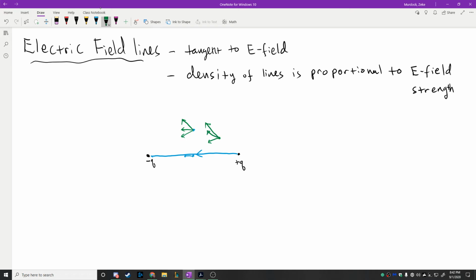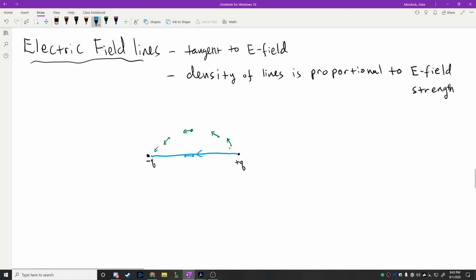All right? Now let's erase some of those vectors now that we kind of know how to do that. And let's just say that as I go from this point right here where I know that the electric field points this way, and I come back to this point here and realize that the electric field points that way, as I get closer to this, it's going to tilt more and more away from this point. And as I get closer to here, it's going to tilt more and more towards the negative charge.